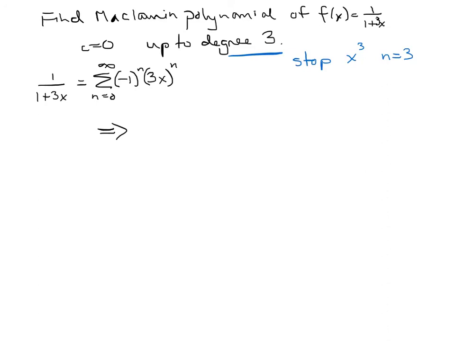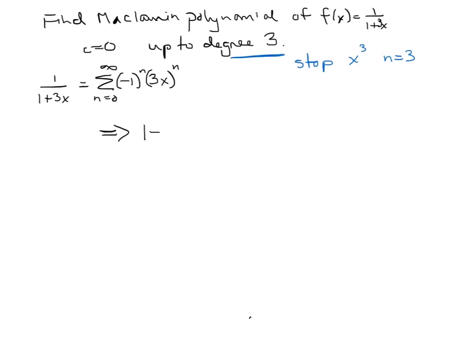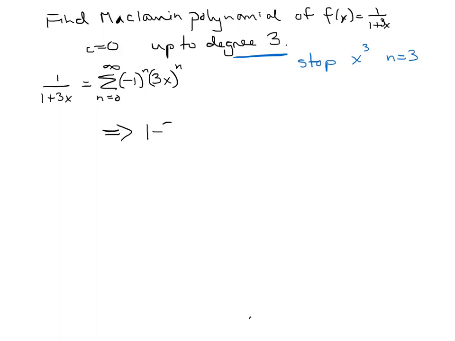So when n equals 0, we get 1. When n equals 1, it's going to be negative because of that negative 1 to the n term, and we get 3x. Now n equals 2. That's going to be a positive 3x squared, so 9x squared.